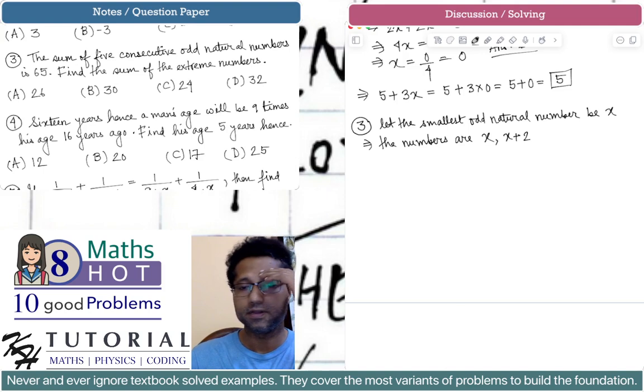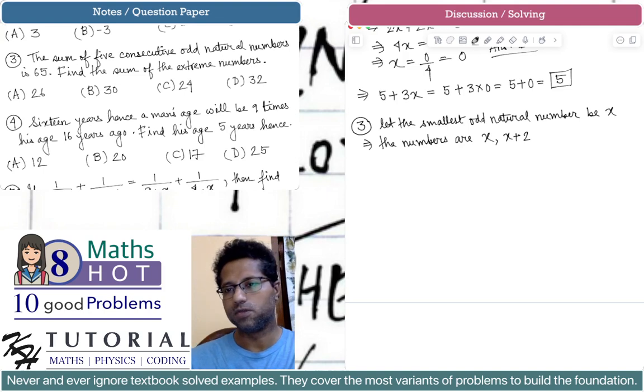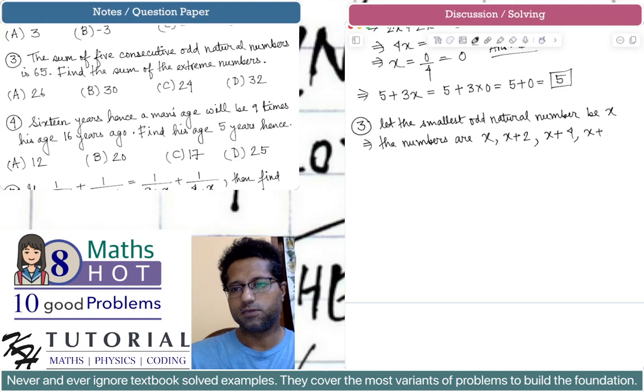If you consider 11, the next odd natural number is 13. So, when we have assumed that the smallest odd natural number amongst the 5 consecutive numbers is x, the numbers will be x, x plus 2, x plus 4, x plus 6, and x plus 8.